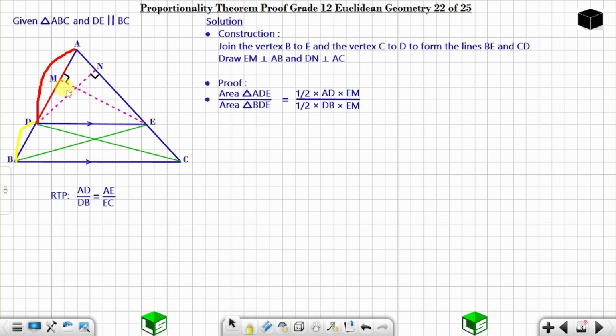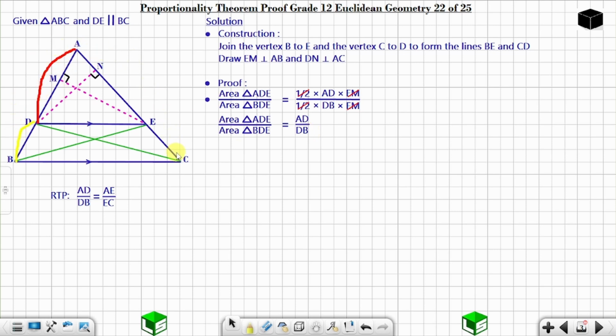So EM is the height to be used. Remember from the previous slides. So now you can cancel this and this. Now you have AD over DB. So we are done on this side.